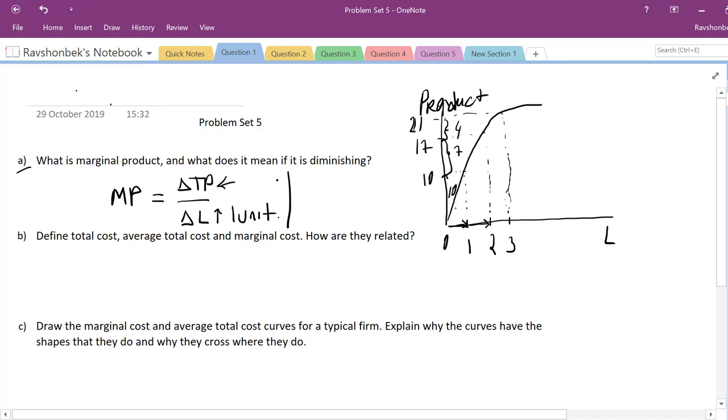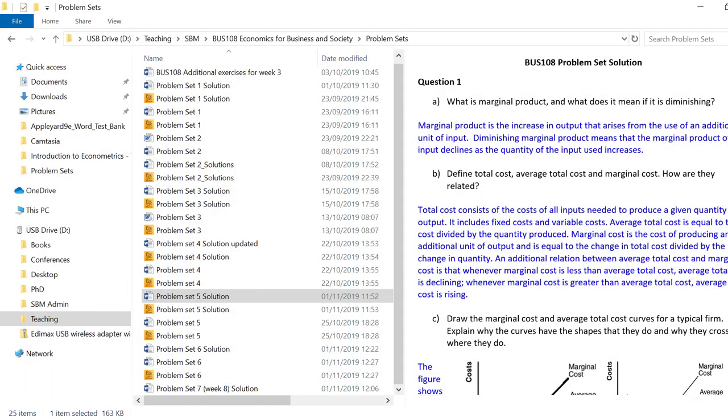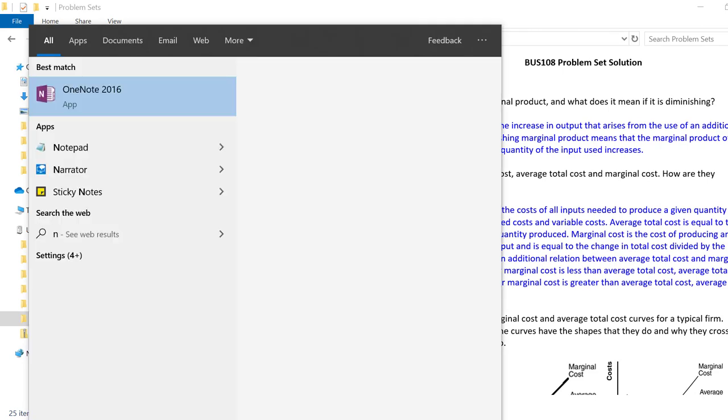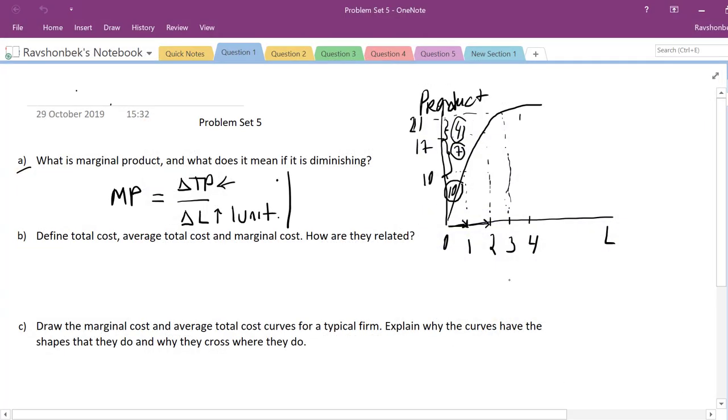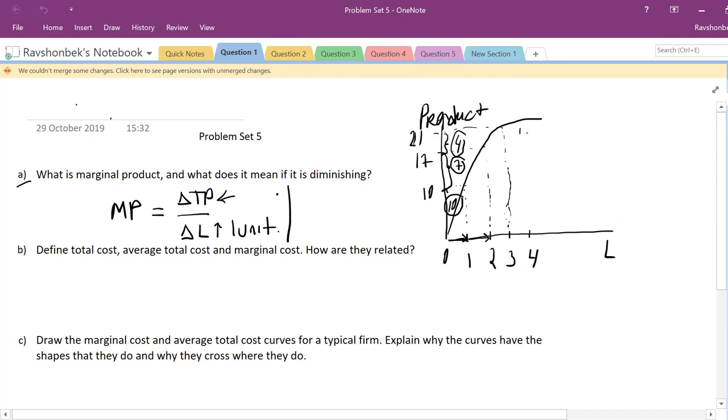Notice what's happening here. The marginal product is initially 10, then 7, then 4. As we add the 4th unit, it's somewhere here. Together 4 people will make 22 units of output.